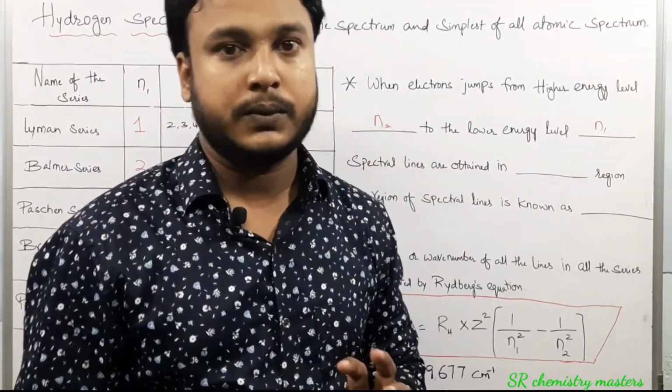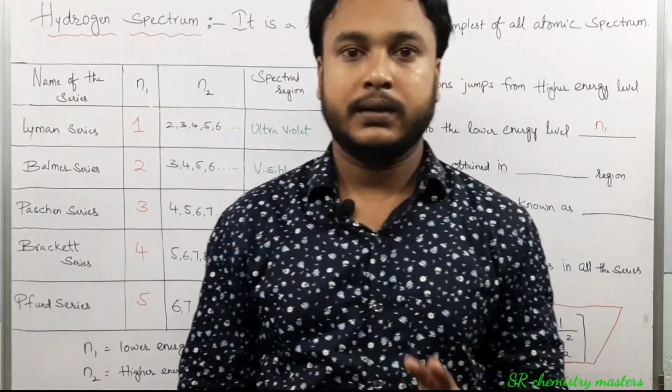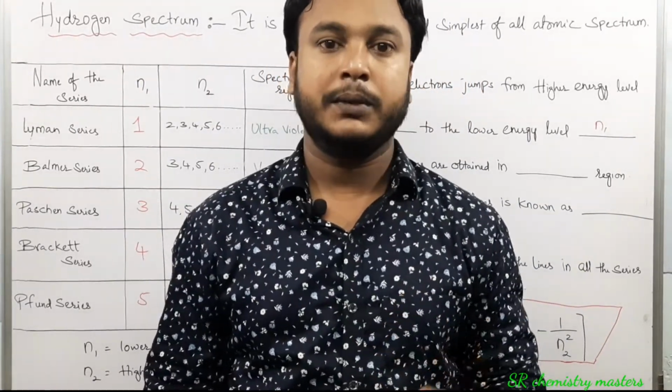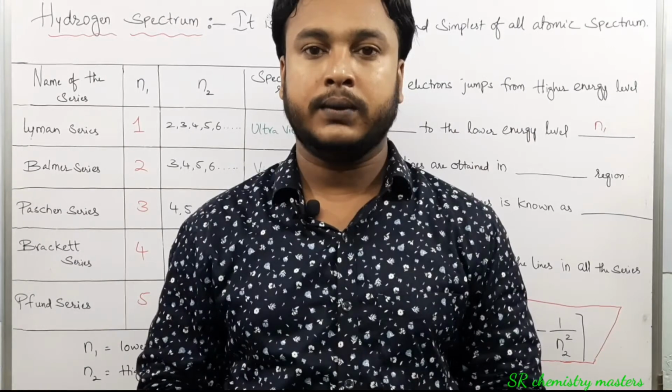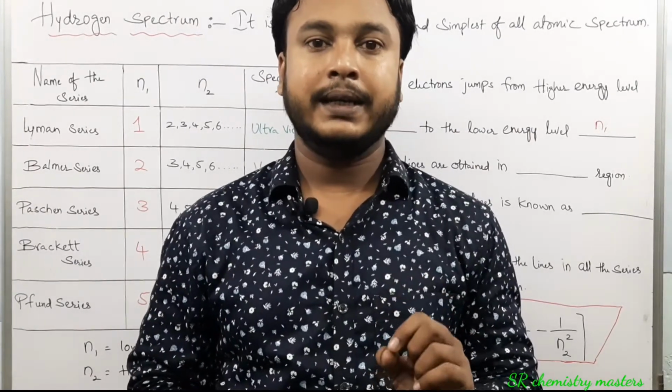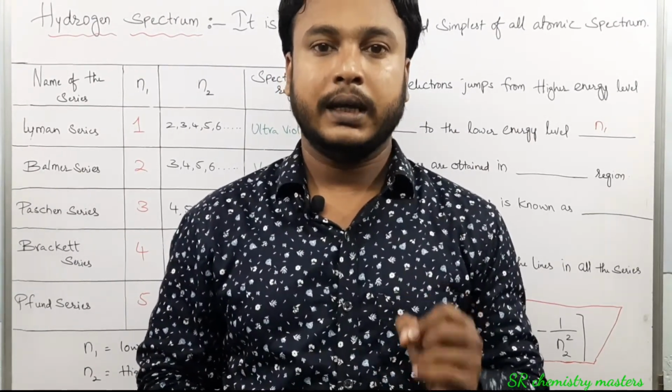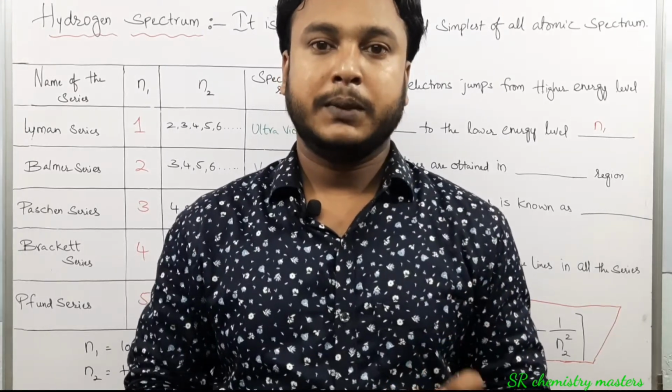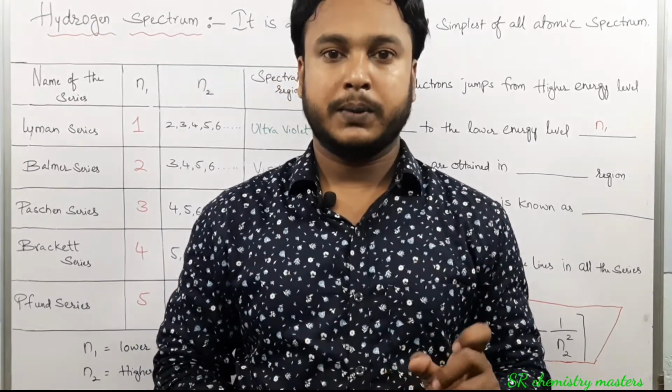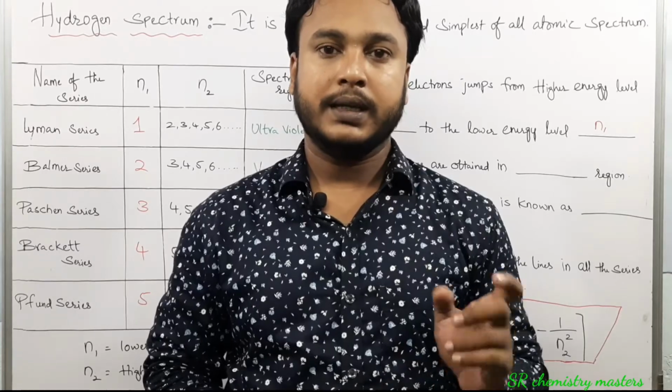We have seen in Bohr's model, when the electron gets de-excited, or when the electron jumps from the higher energy level to the lower energy level, radiations are emitted from the electron. Those radiations, when captured by a spectrograph or spectrometer, give us a spectra.